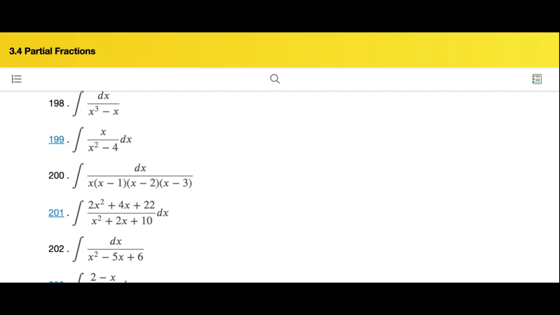Wow, that's fast. Okay, so 1/6 ln x, half ln x minus 1, minus half ln x plus 1, ln x minus 1, x minus 2. Oh, you mean x minus 2, I guess.